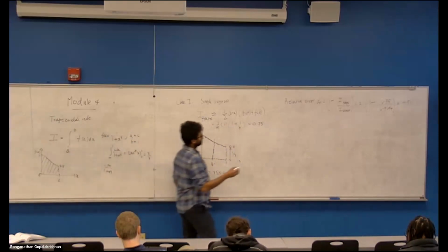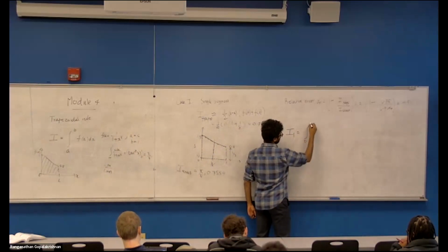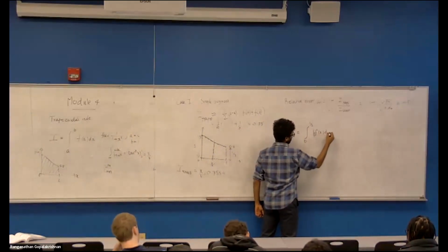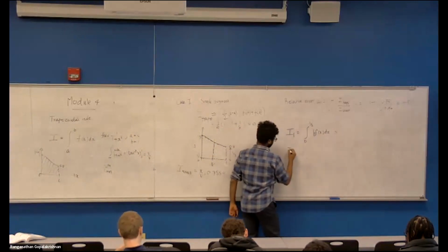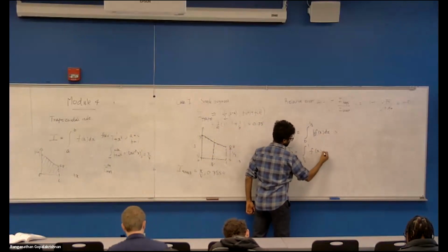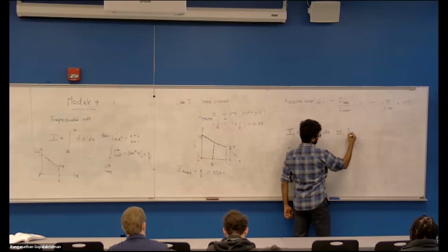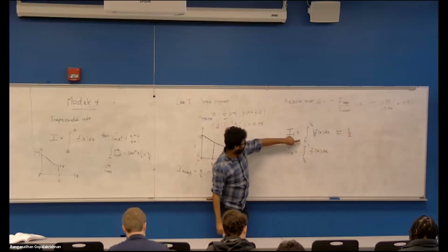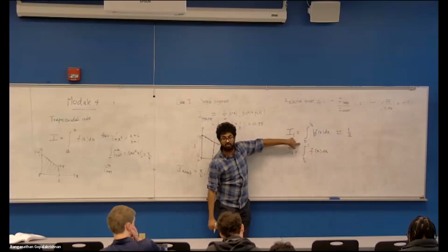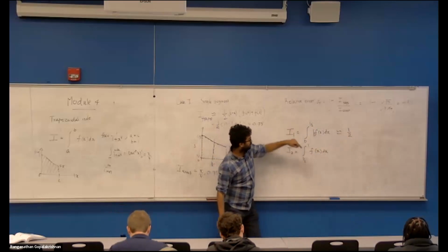I will call this I1 equal to the integral from 0 to half of f of x dx, and I2 equal to the integral from half to 1 of f of x dx, which is approximately equal to half. What is the width of the interval when you go from 0 to half? B minus a, half minus 0.